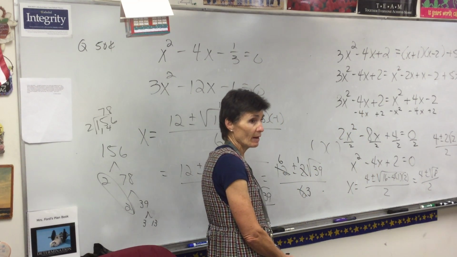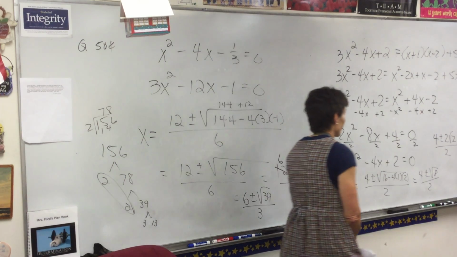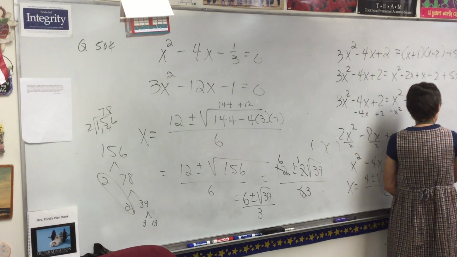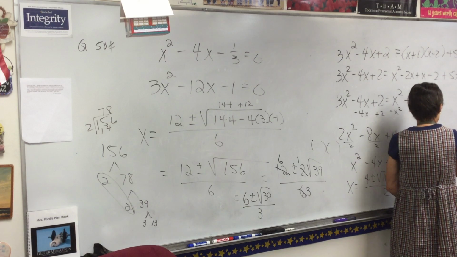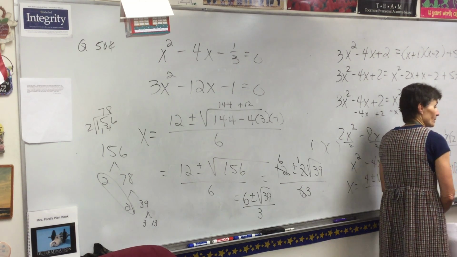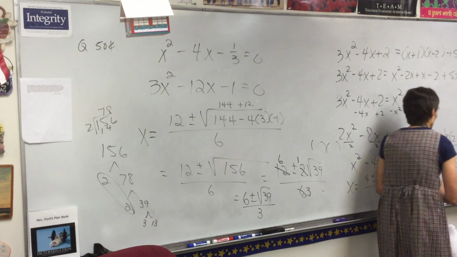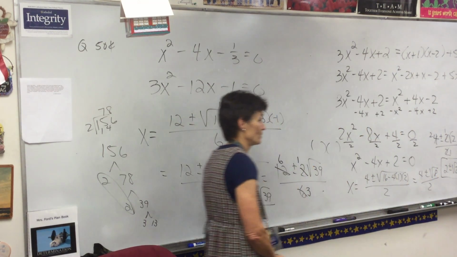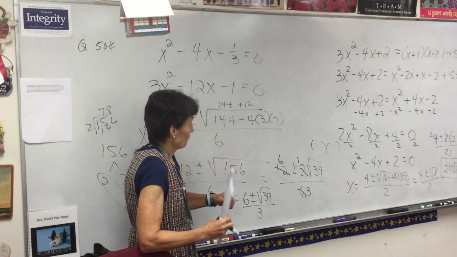Does that one simplify? So we'll take out the 2, so we're left with 2 plus or minus root 2 over 1, or just 2 plus or minus root 2.